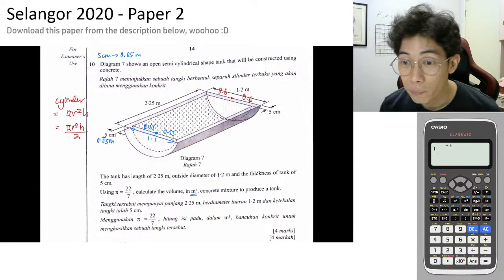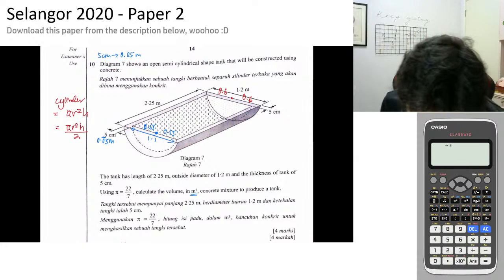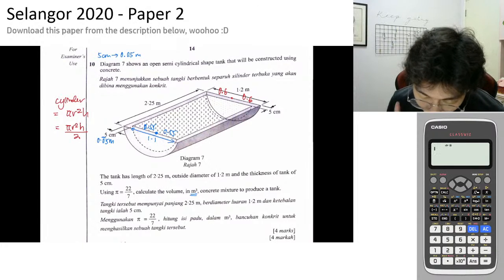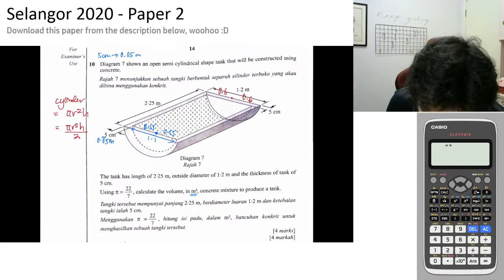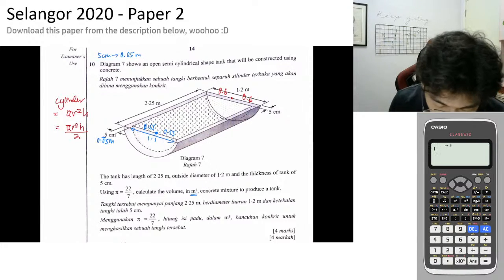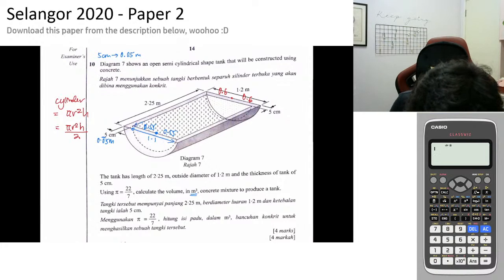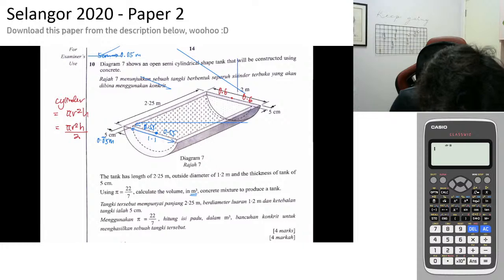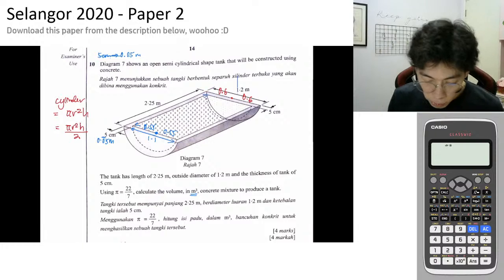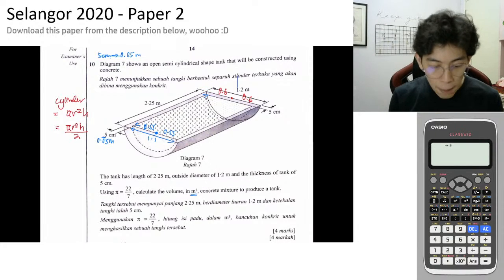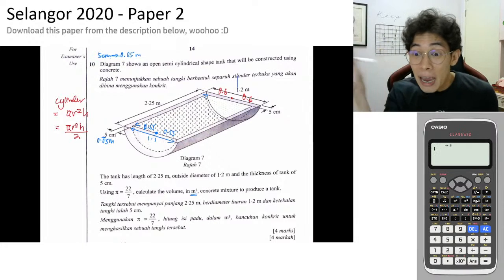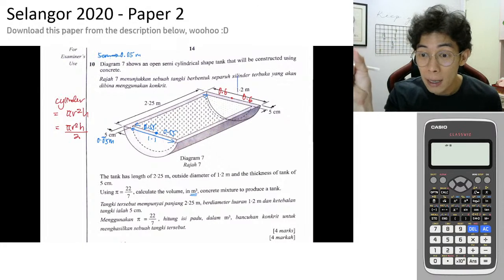Then what else? Radius, oh, I got already. My height, it's 2.25 for the red color one. And for the blue color one, it is 2.25 minus the two little gaps there.